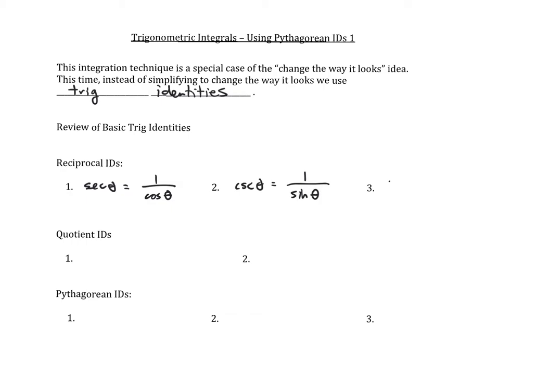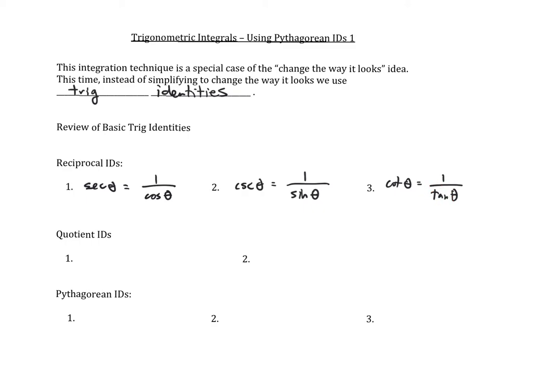And cotangent of theta is equal to 1 over tangent of theta. One easy way to remember these is that a co-thing is always paired with a non-co thing. So cosine is paired with secant, cosecant is paired with sine, cotangent is paired with tangent.